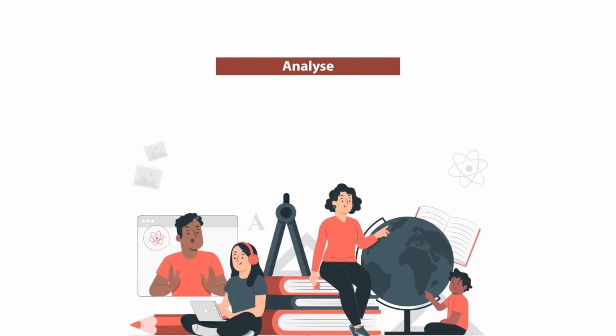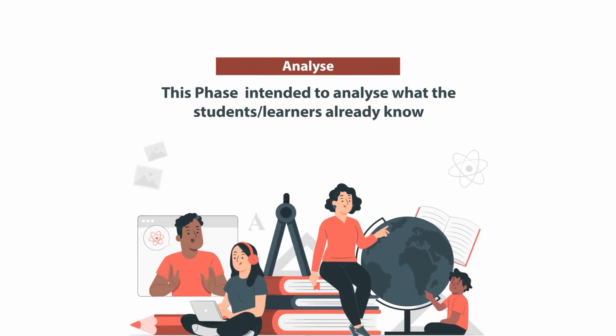Let us see what each one of them stands for and how this ADDIE model is going to be useful for developing online courses or in open and distance education. Firstly, analyze. Under this phase, we intend to analyze what the students or the learners already know.